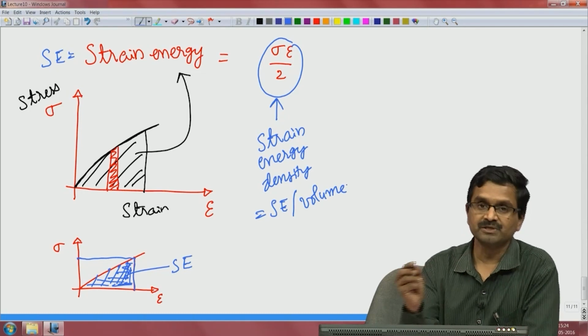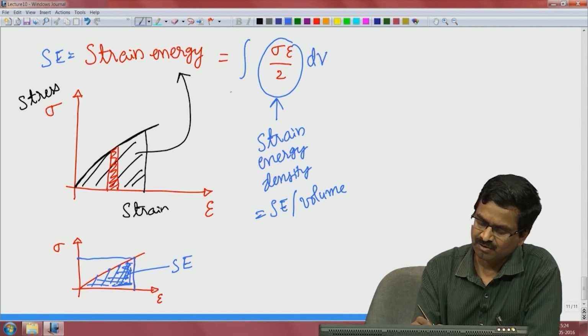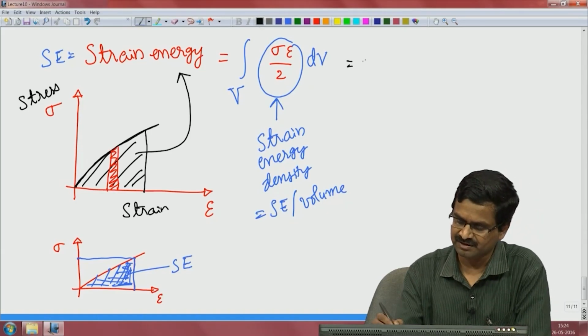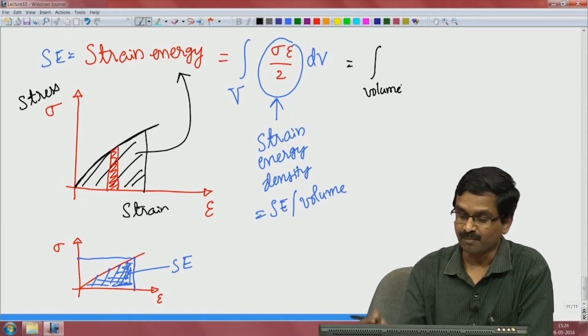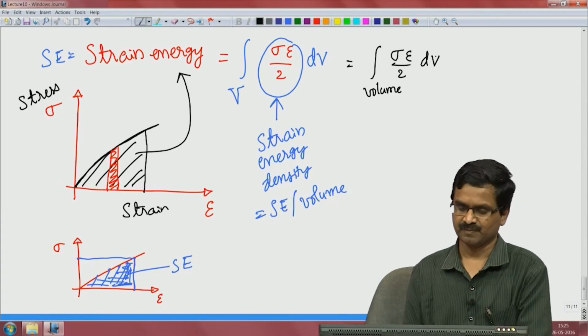So, in order to get the total strain energy, I have to integrate it over the entire volume. What we have written here, over the entire volume of the bar, in this case we have sigma epsilon by 2 dV, right.